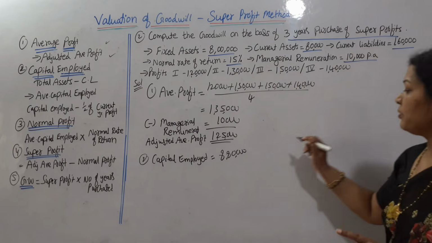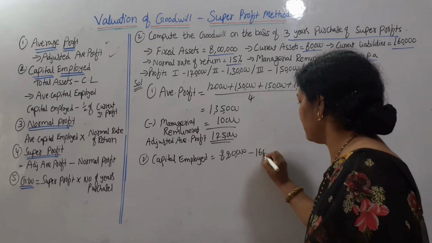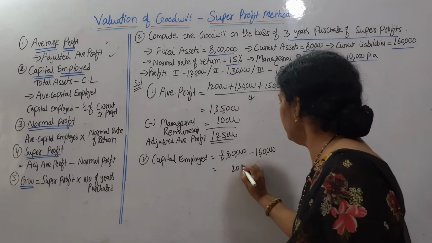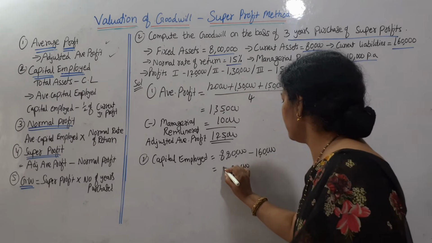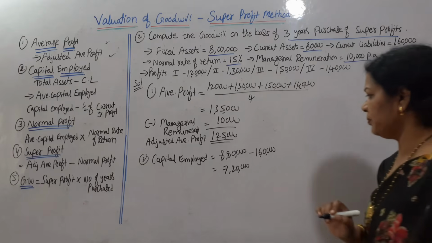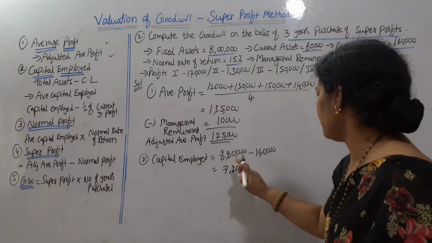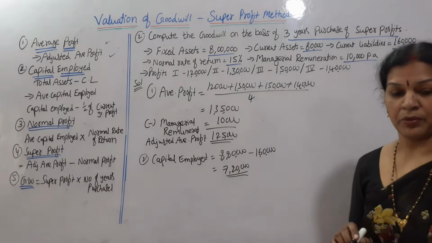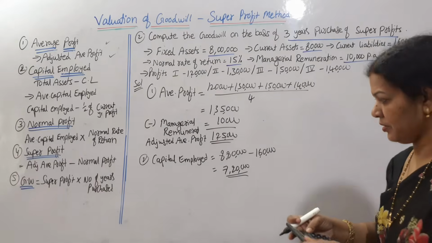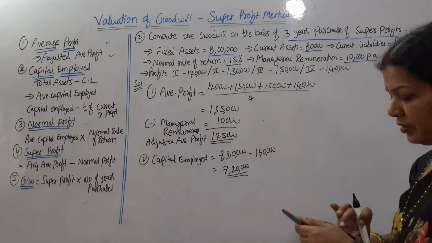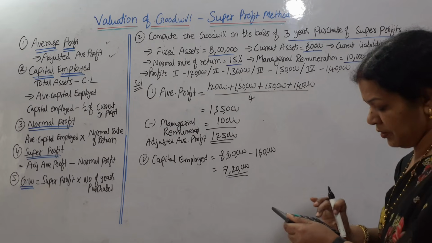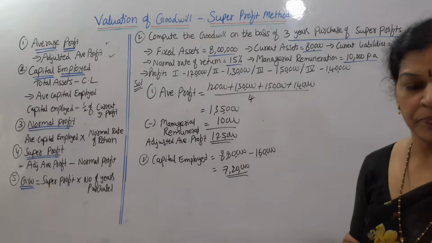Minus current liabilities 1,60,000. 7,20,000. Yes, 7,20,000. This is capital employed. Let me check it once again: 8,80,000 minus 1,60,000 is 7,20,000.